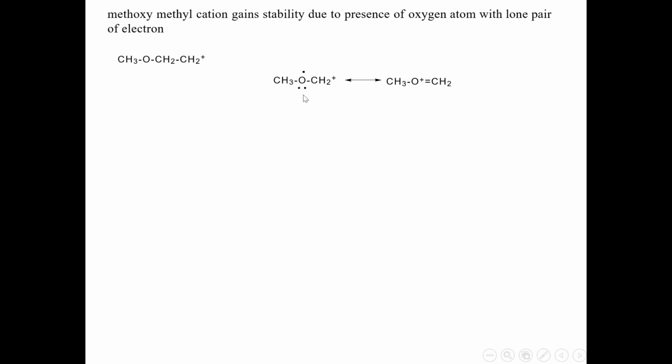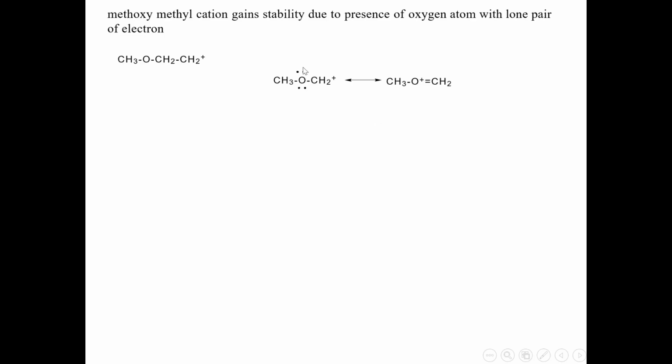It has a set of lone pair of electrons, and this lone pair gives electrons towards the positive center of the carbocation, and sharing of this lone pair of electrons takes place, and this is also a resonance effect.